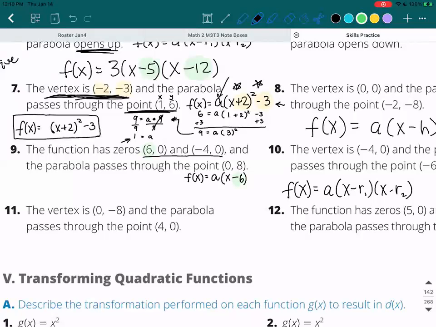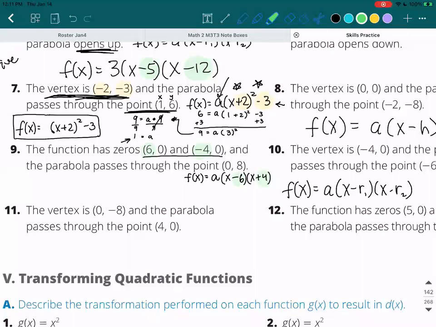And then for the other one, we have a negative 4. So since it's inside the parentheses, you're going to do the opposite. We're going to have x plus 4. So we have x minus 6 because it was a positive 6, 0, and x plus 4 because it was a negative 4, 0.